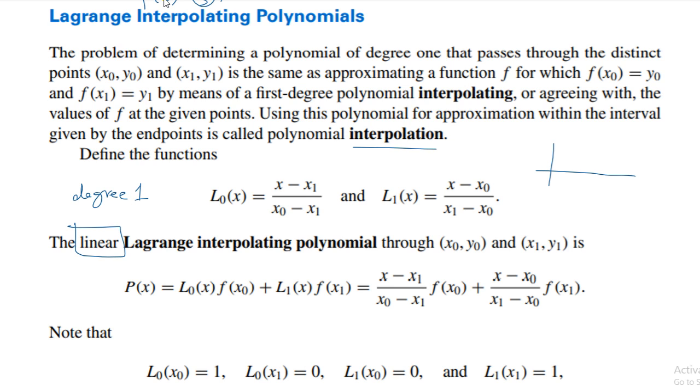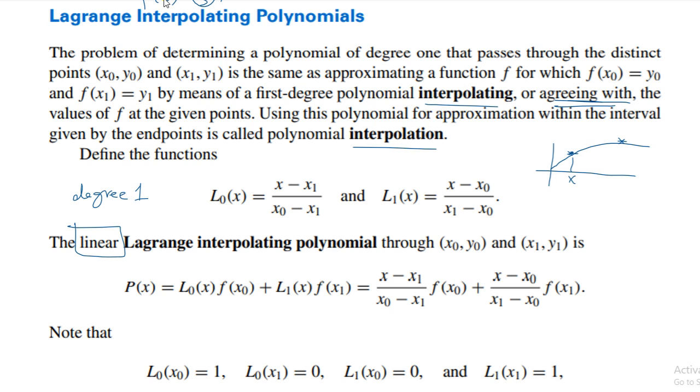For example, if I have 2 points, one point is here, one point is here. I want to find a polynomial that gives exactly the same values at these 2 points. So we call it polynomial interpolation. Interpolating means agreeing with the values of f. For example, your function was going through these two values.